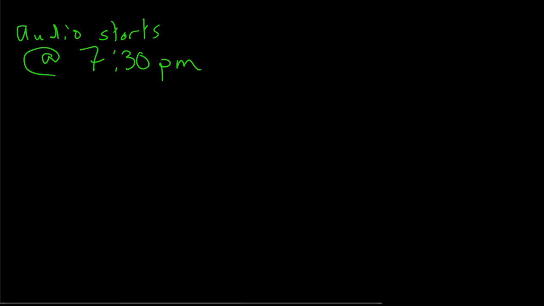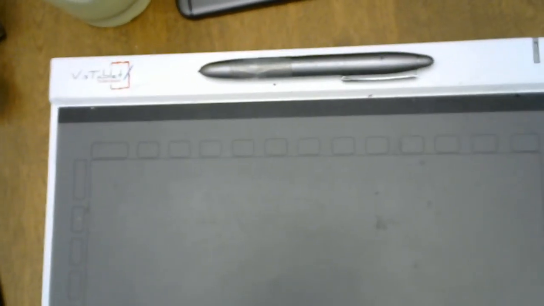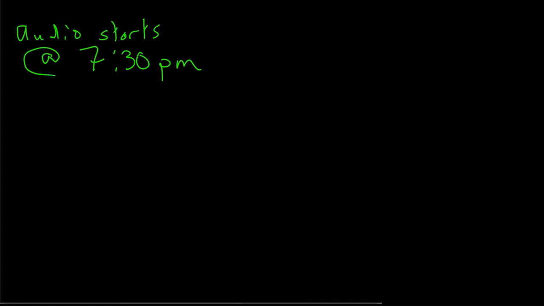Just a quick one, Emily had asked about the tablet I was using. So let's see if I can get my camera to work. Right here, I've got an old Viz tablet. The thing's about 10 years old, and it's neat. It does what it needs to do.